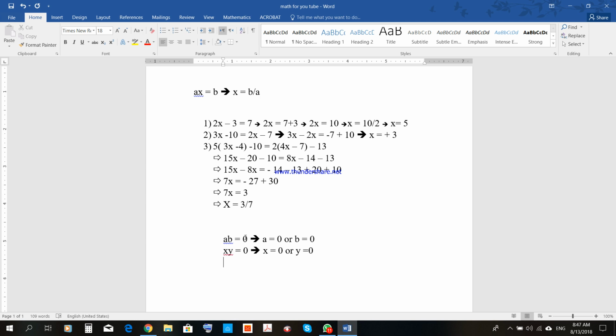For example, (x minus 3) into (x plus 5) equal to 0.